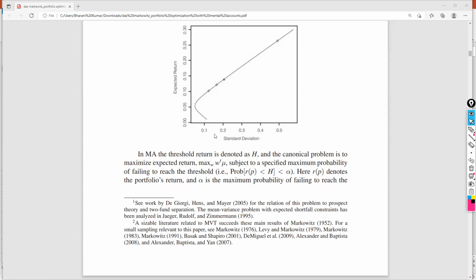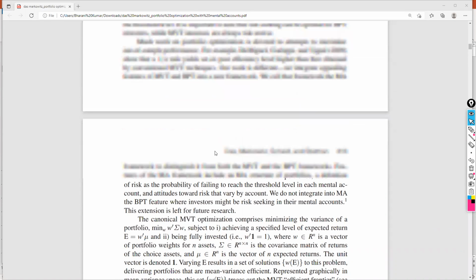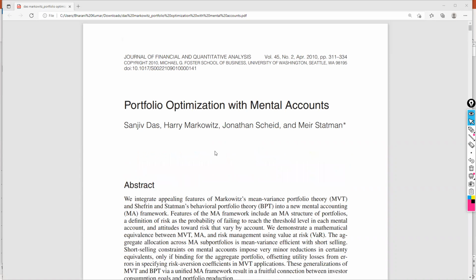And this document, you can always find on the internet, and it's called portfolio optimization with mental accounts, by Sanjiv Das and Harry Markowitz. Against his name, we have this algorithm which is called the Markowitz algorithm.